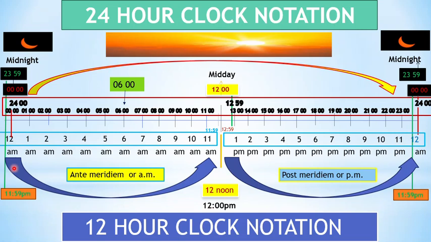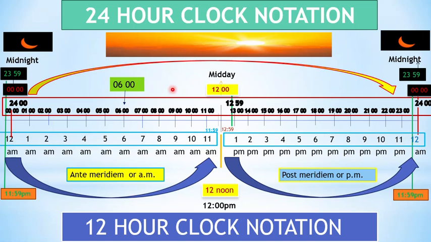The first hour after 0 is counted as 100 hour. 2 a.m. will be written as 0200 hours. 6 a.m. will be written as 0600 hours and so on.